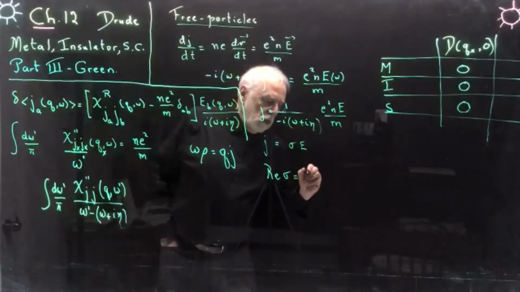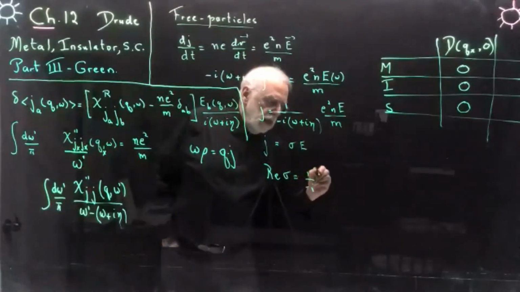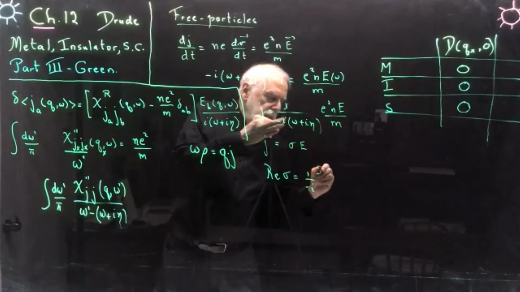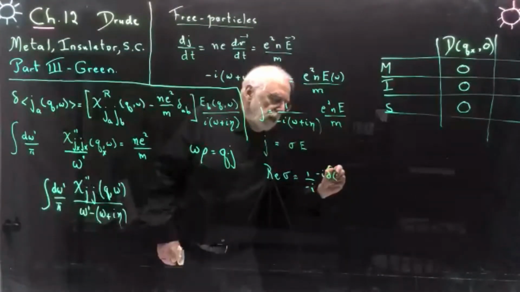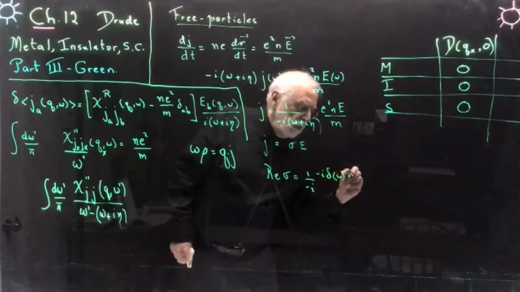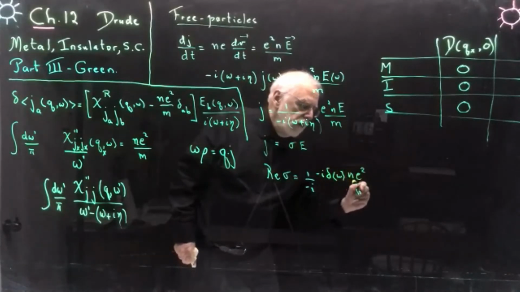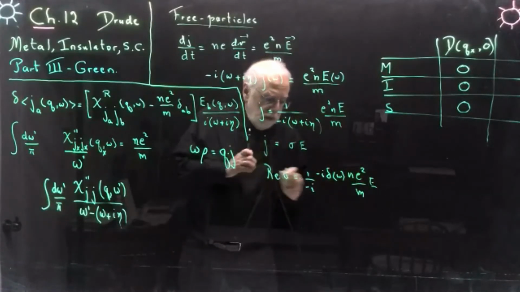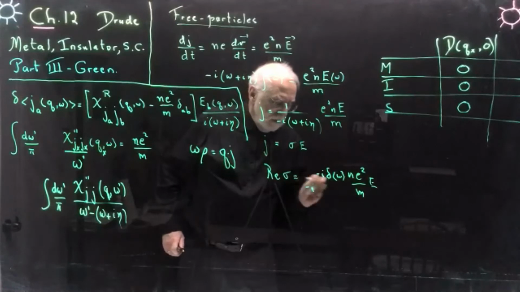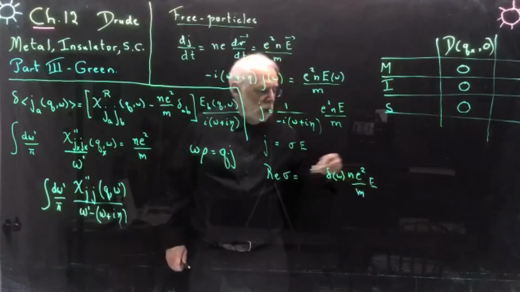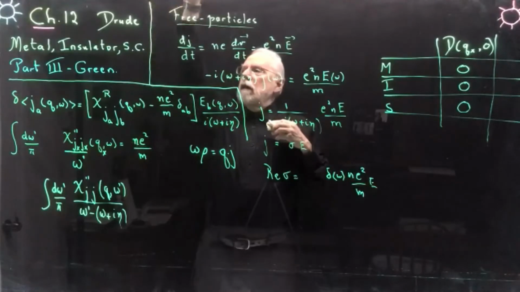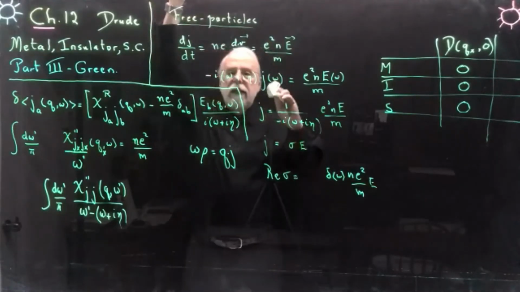So I get 1 over minus I times, so this also becomes a minus I times delta of omega times n e square over m, which means that a metal should have a delta function response.